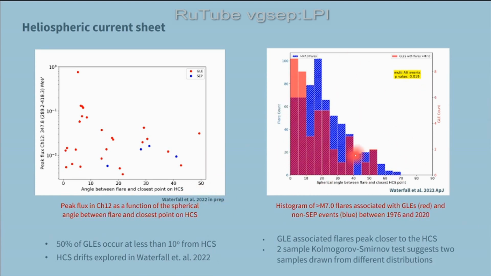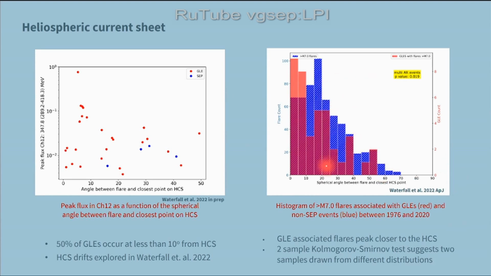This is one of the plots from it on the right-hand side. This is the histogram of all M7 flares that occurred between 1976 and 2020, I think it is. Again, this is the spherical angle between the flare and the closest point on the current sheet. In red, we have the flares in that time period that are associated with GLEs, and in blue, all other flares.